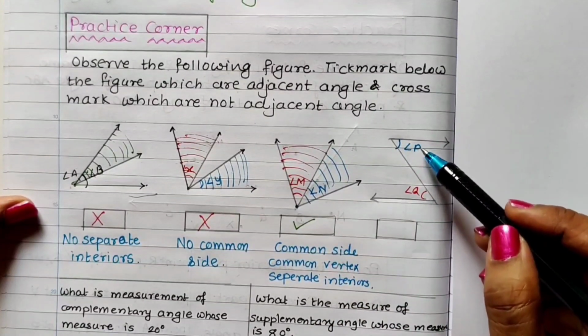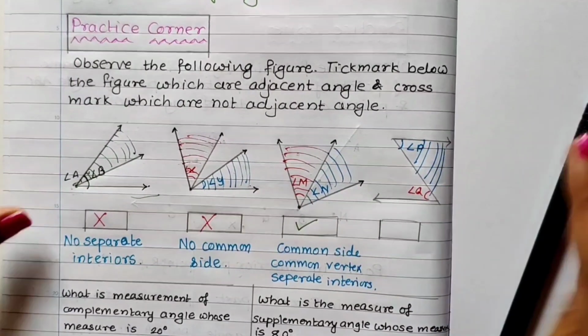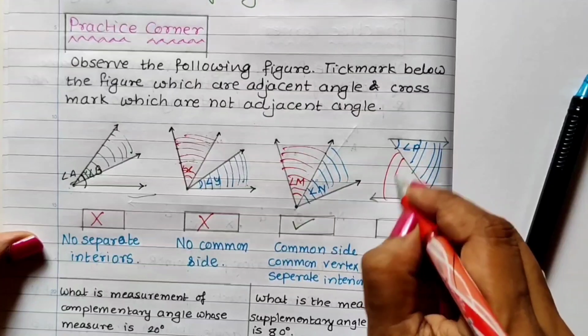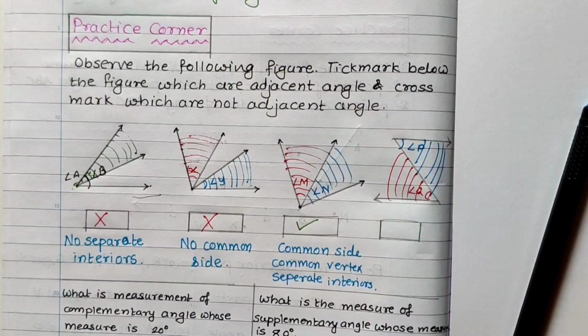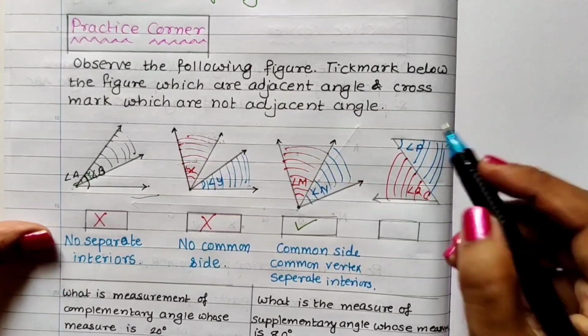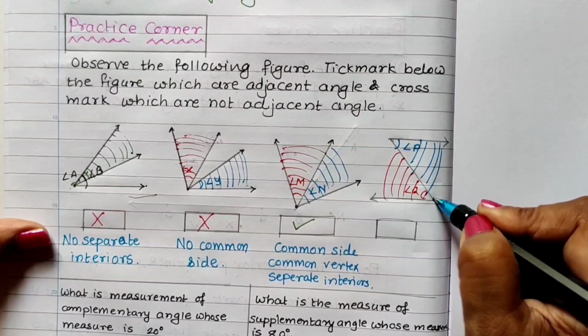Now angle P and angle Q, these are the interior of angle P and this is the interior of angle Q. So we can see that they are having separate interiors. They are having one common arm. This is the common arm, but their vertices are not same.